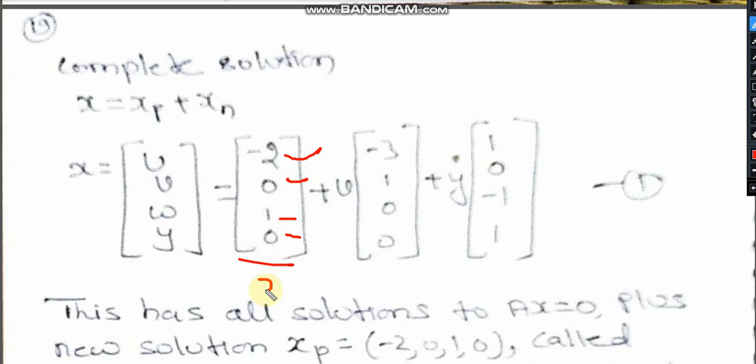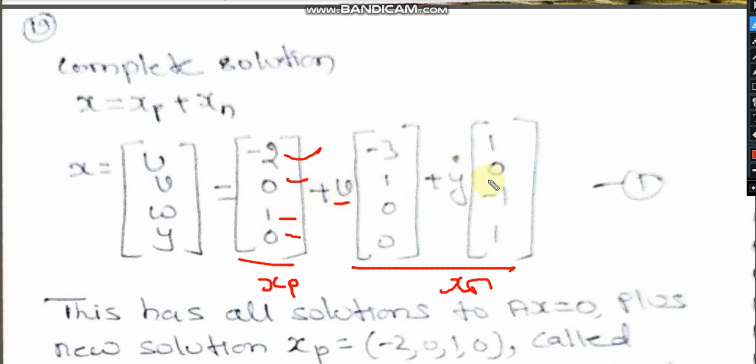So this is your particular solution. The particular solution you write using the free variables equal to 0, and this is your xn. From xn you can write the special solutions by substituting v equals 0 and y equals 1, or y equals 0 and v equals 1.